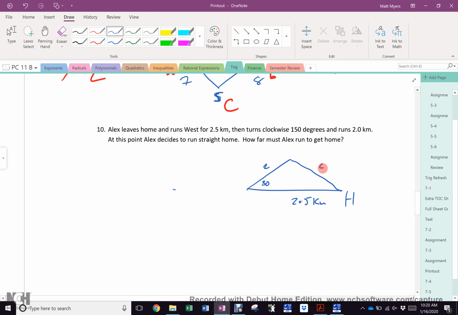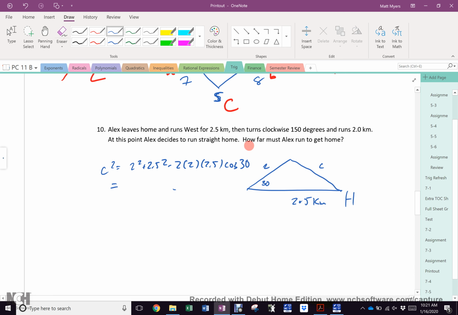How far must he run to get home? This is little c, right? So, c squared equals 2 squared plus 2.5 squared minus 2 times 2 times 2.5 times cos 30.